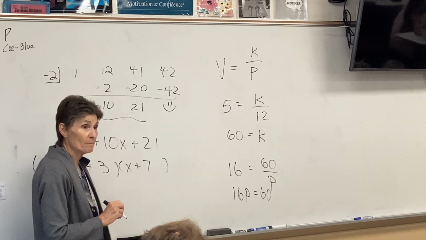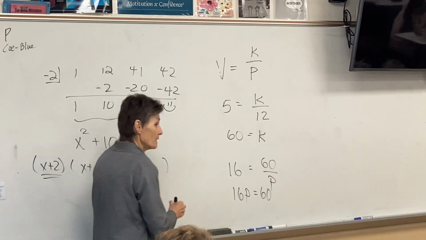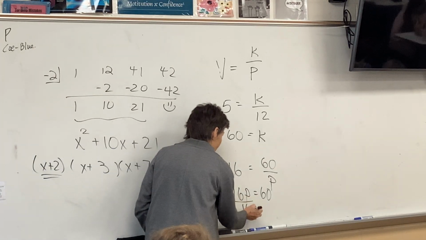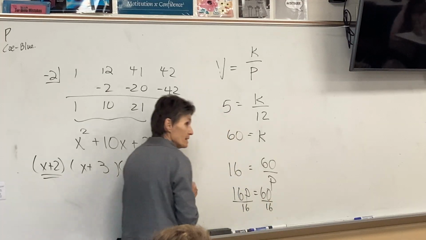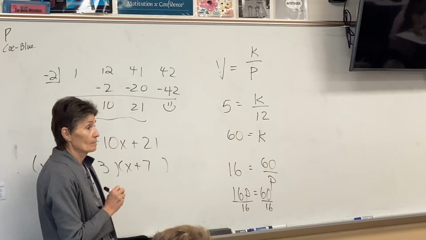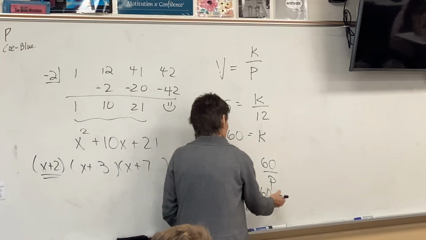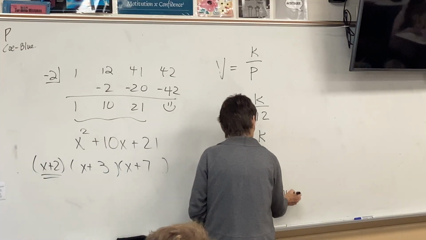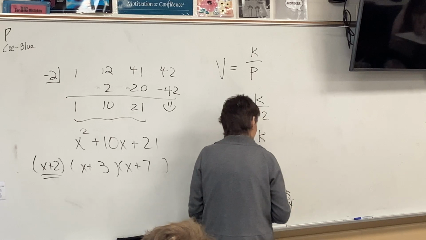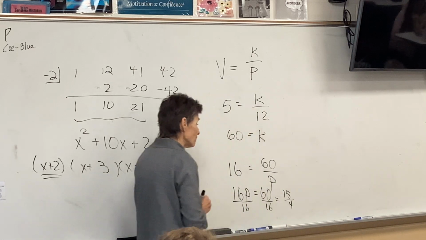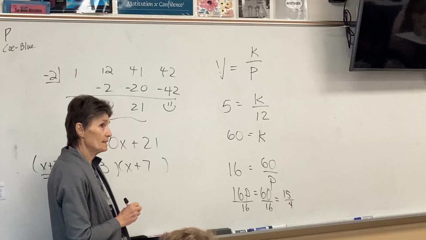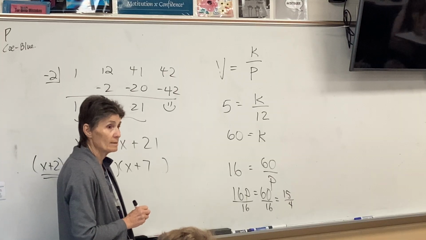I'm multiplying by P, and then I will divide by 16. And then I can either type that in or reduce the fraction. The fraction reduces to 15/4, if you typed it in, what, 3.75?